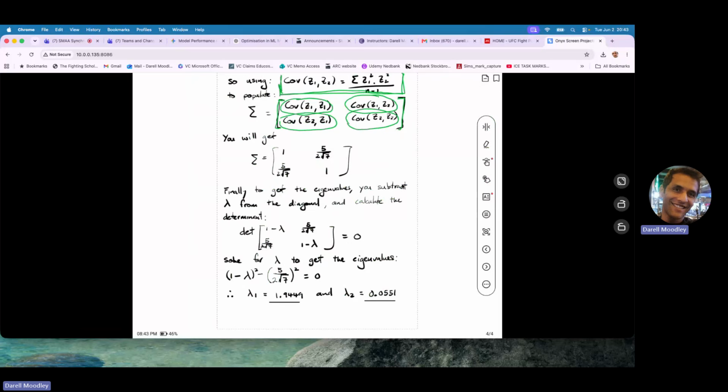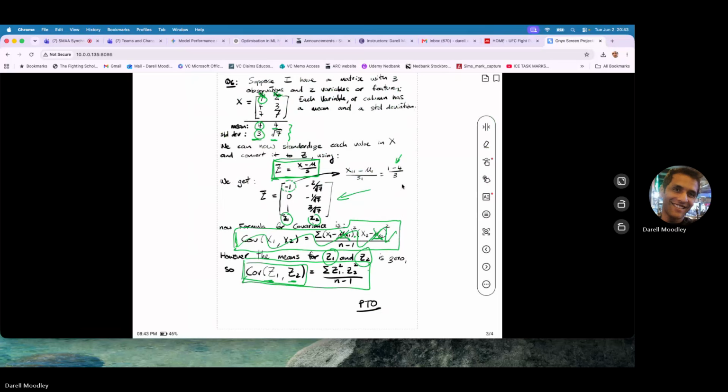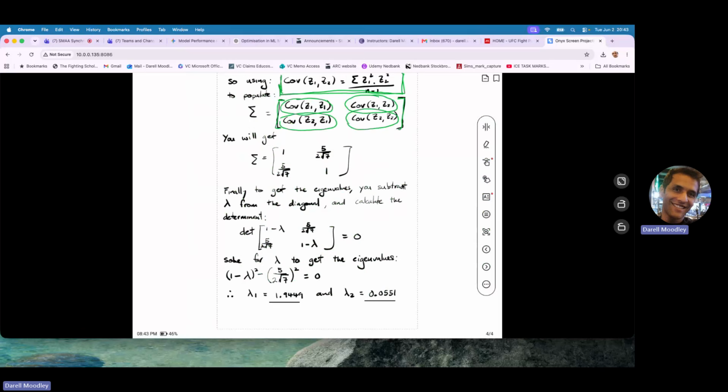Your Z1 and Z2 are given here. This is your Z1 column, and this is your Z2 column. So you have the values you need to feed into this equation, and once you do that, you can calculate each element of this covariance matrix.